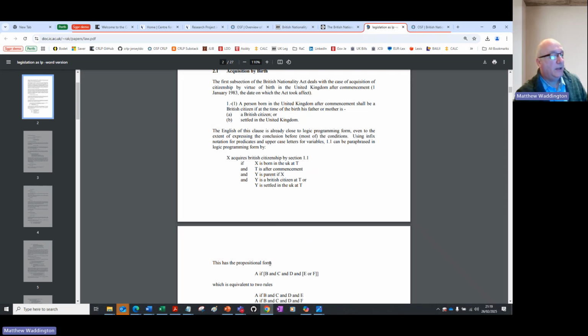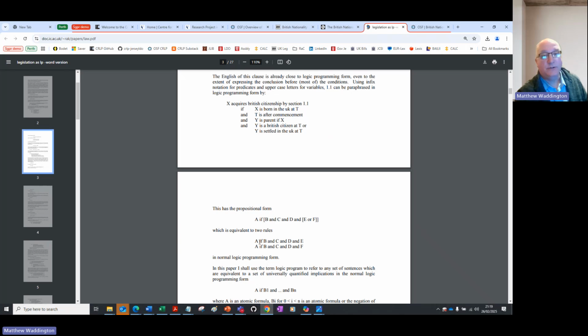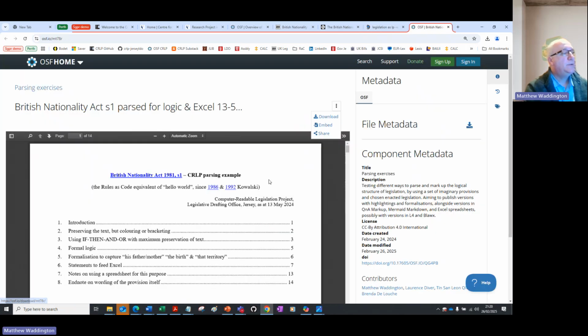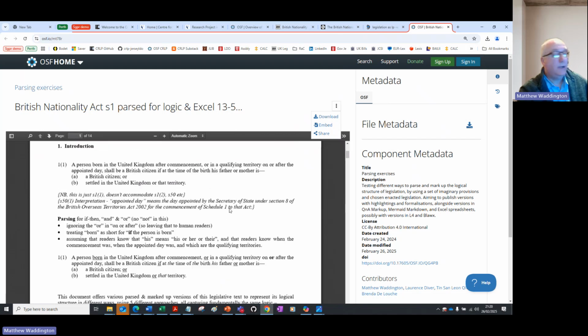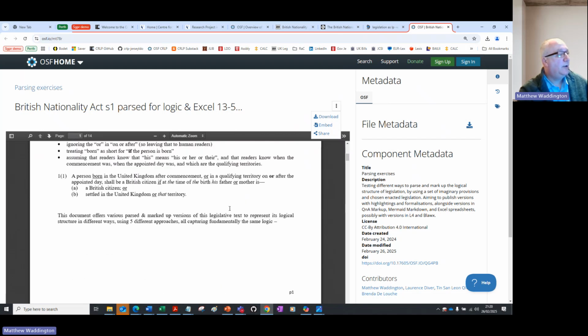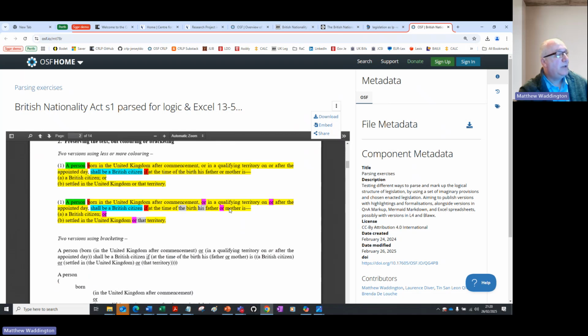They therefore analysed that and they turned it into logical statements, and they used that in their programming. So we've had a look at the British Nationality Act Section 1 ourselves. We produced a paper showing how you can carve it up in different ways.